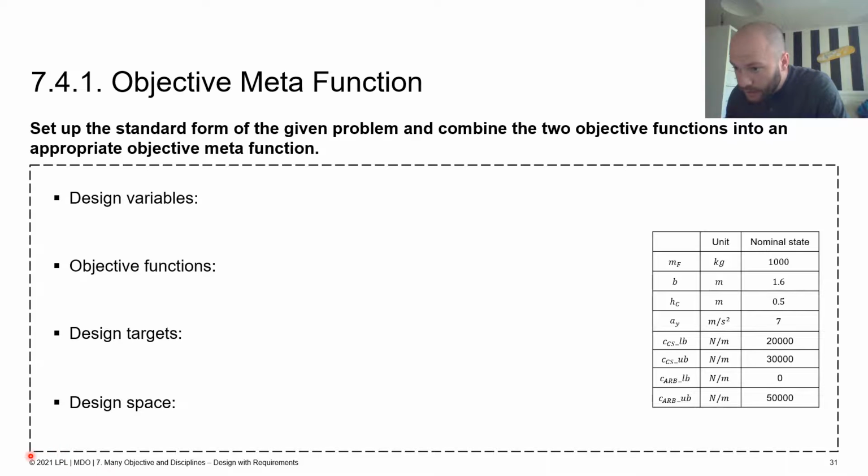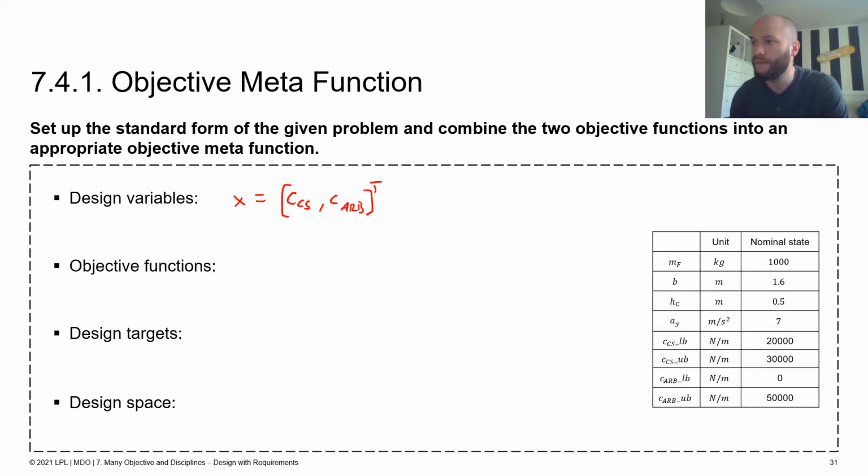I need to activate my pen first. We start with the design variables. We have two design variables: the stiffness of the springs and the stiffness of the anti-roll bar.